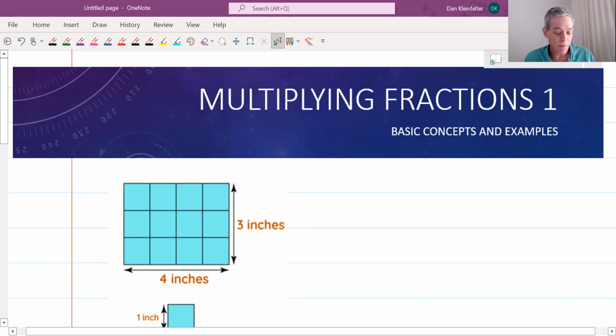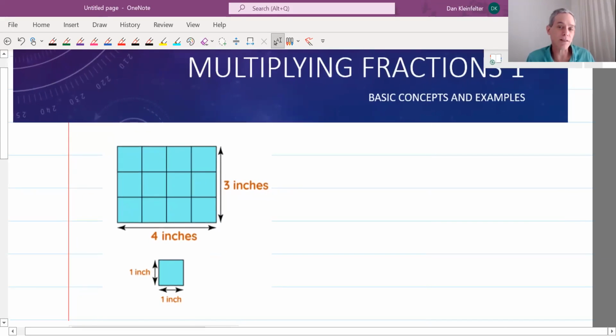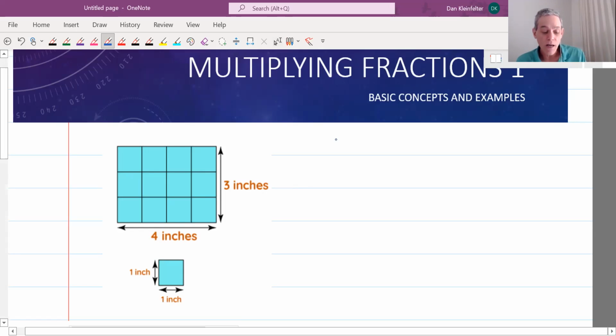So you may already know the formula for finding the area of a rectangle, but just in case you don't, I want to make sure that you do going forward. To do that, we need to talk about how measurement is done for a little bit. So we want to think about how it works when you measure a length.